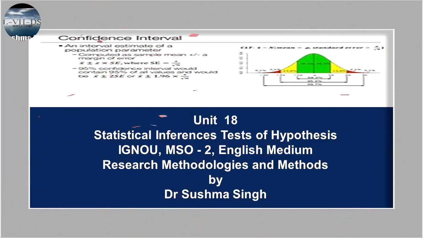Now the next test is student's t-test. Student's t-test is a parametric test most suitable for small sample. It is probably the most widely used statistical test and certainly the most widely known. It is simple, straightforward, easy to use, and adaptable to a broad range of situations.